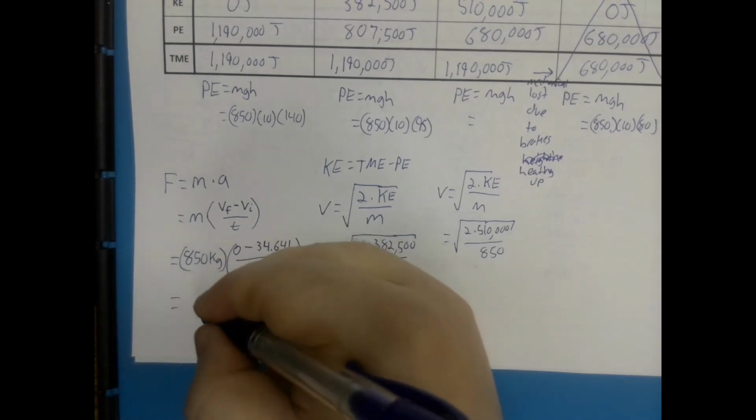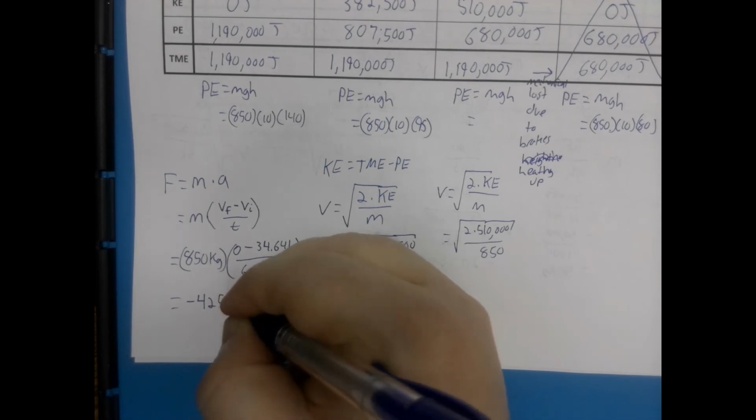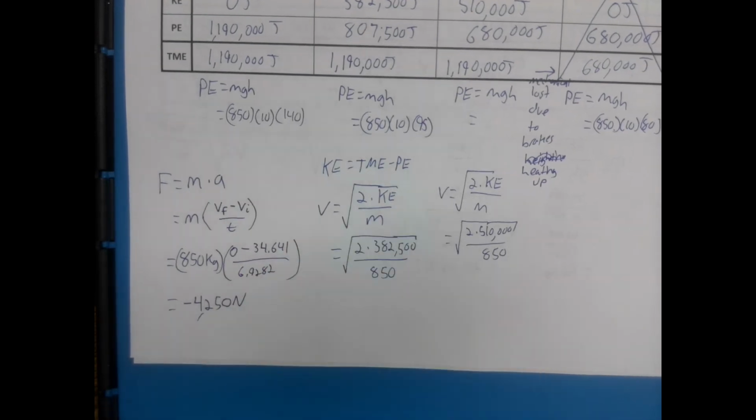And we get a value of negative 4,250 newtons. It's negative because it's indicating that the friction force is opposite to the direction the roller coaster is going.